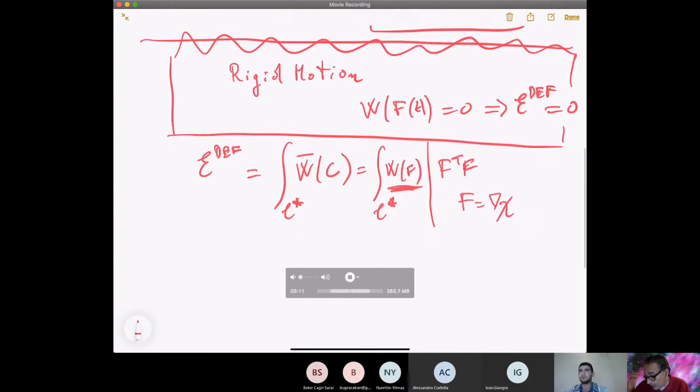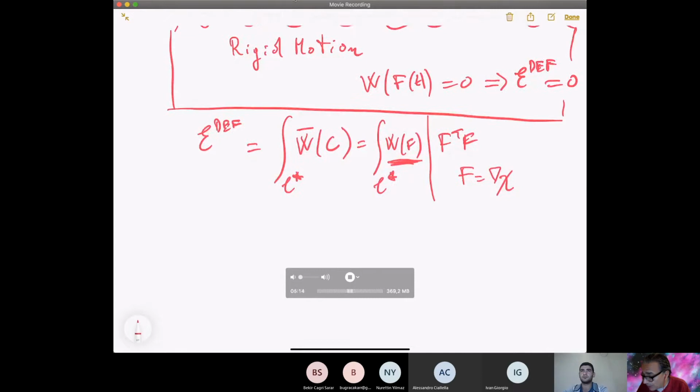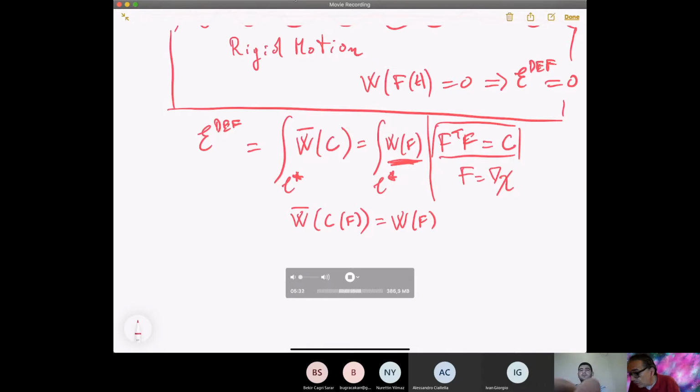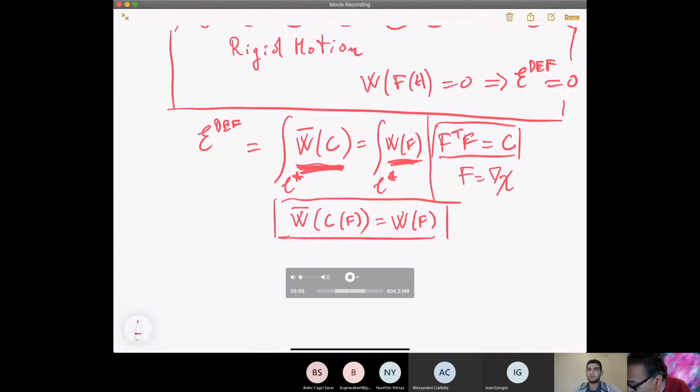However, these two formulas are not contradicting one the other. Why? Because W bar of C, being C a function of F with this simple relationship, this is our W of F. Okay, so what we have done up to now includes the case which is physically interesting, that is the case in which the deformation energy has this form. Okay, so I think that this is rather clear.